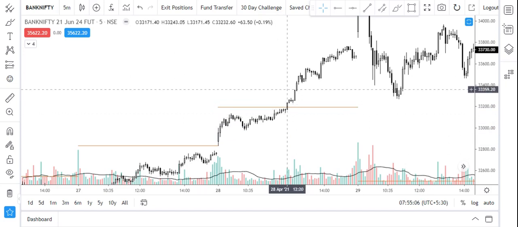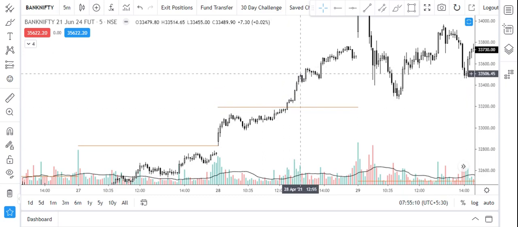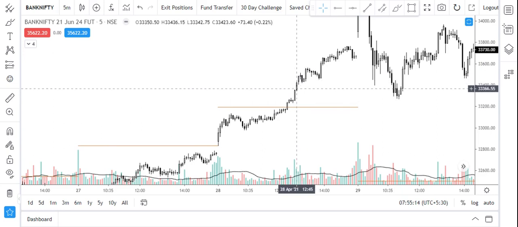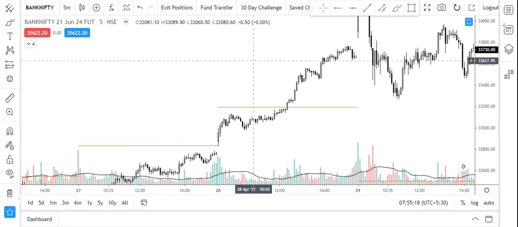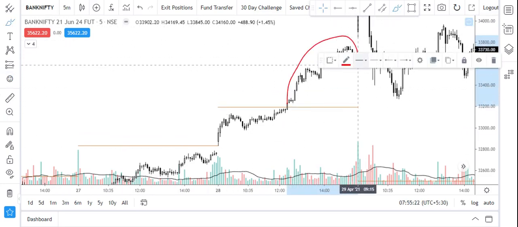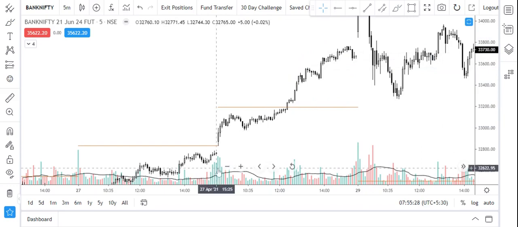Once the range has given a breakout, they are forced to square up their positions, because option selling has unlimited loss potential, or at least until your account or broker squares it off on their own. So a lot of option writers will run away beyond R2 and beyond S2. That's the move as an option buyer we need to capture. That's the whole logic behind this.